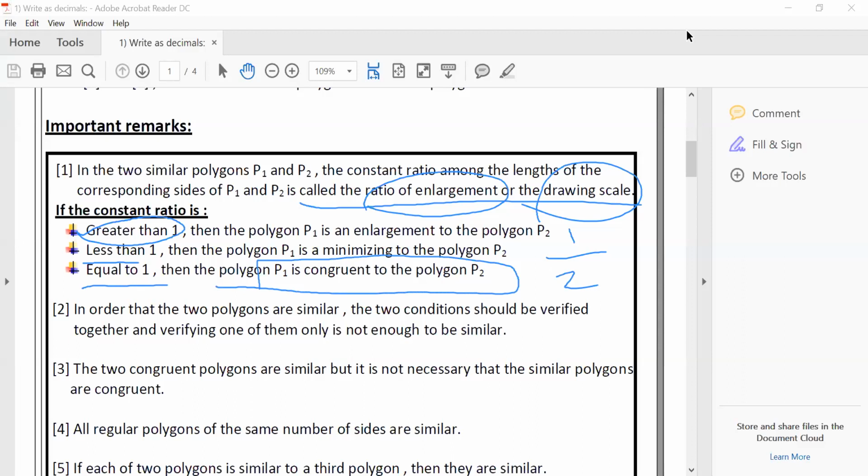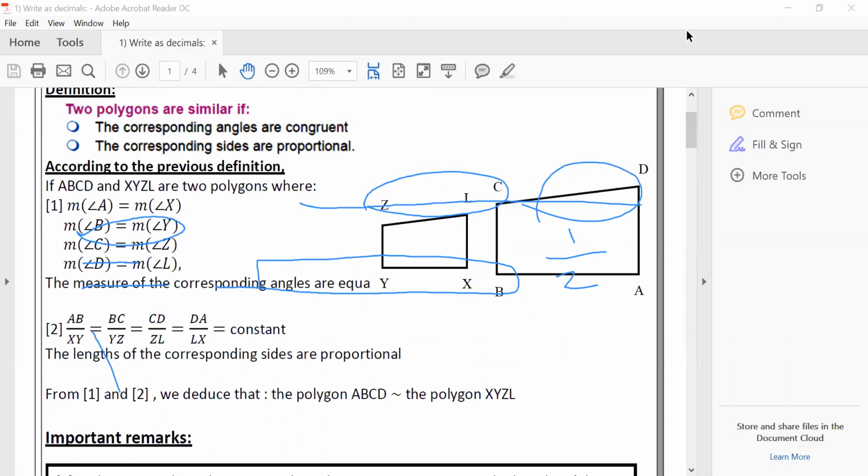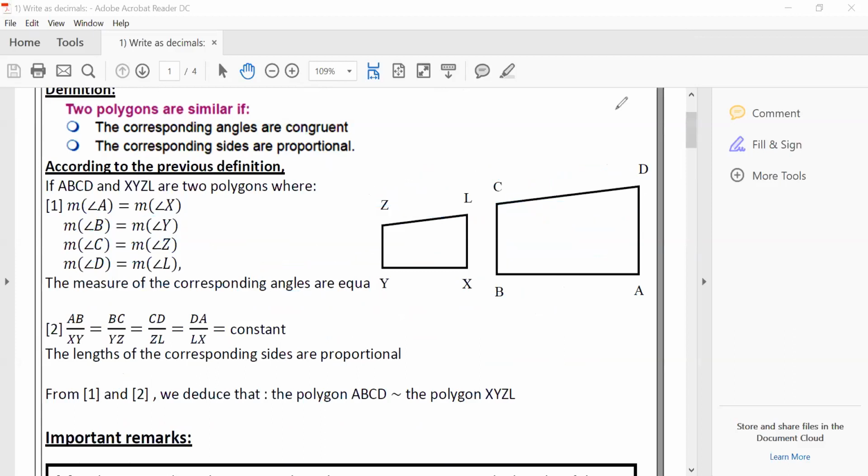So if the ratio of enlargement or the drawing scale equals 1, you will find these polygons are exactly the same. They will be congruent to each other in everything. This side is supposed to be equal to this side, and so on. You will find that they are both exactly the same.